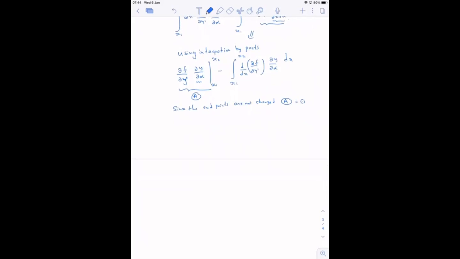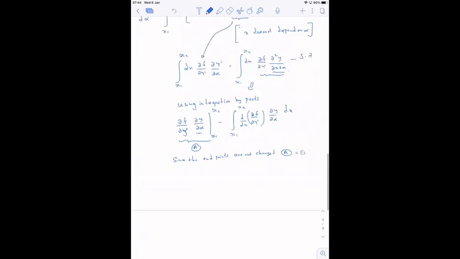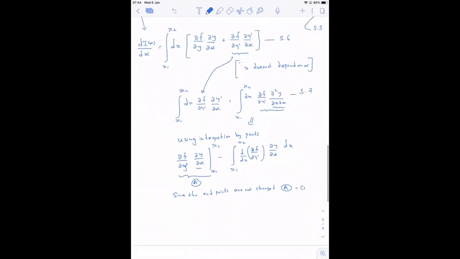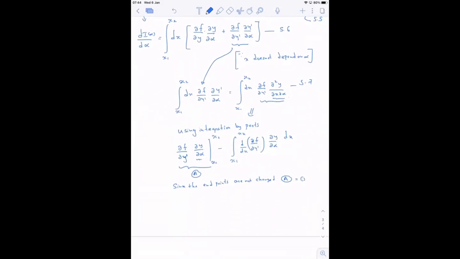Because of that, now let me rewrite the expression for dI over d alpha, which is equation 5.6. Now we have some simplifications with those. Let me write this dI over d alpha. So that should be equal to the integral from x1 to x2 dx.